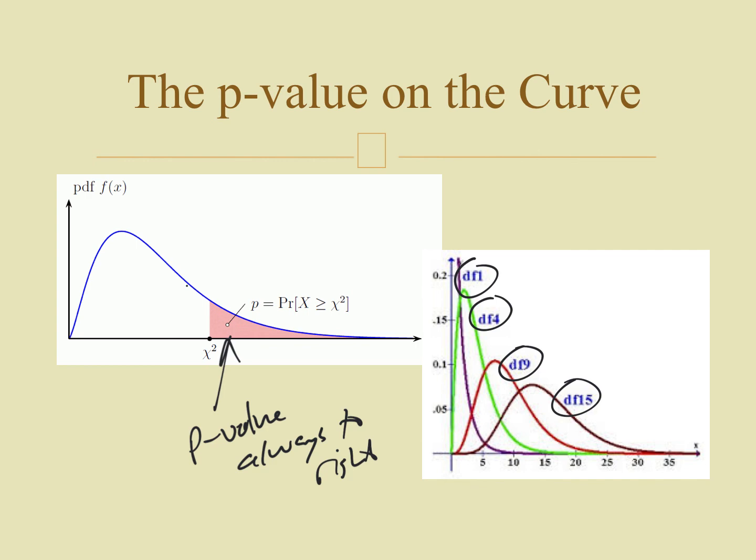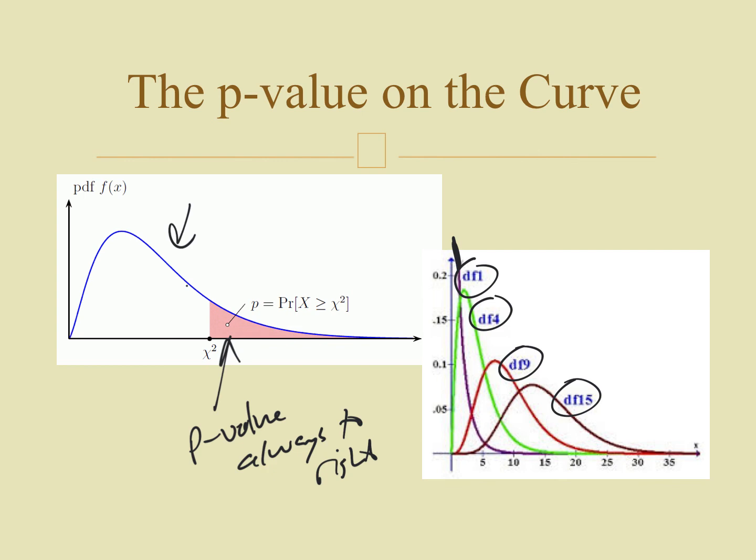This is kind of what we'd say is a more fully developed chi-square curve, where that skew right is a little cleaner and you see the big picture. Over on the right here, you see that with 1 degree of freedom, it starts way up high and just kind of falls down.